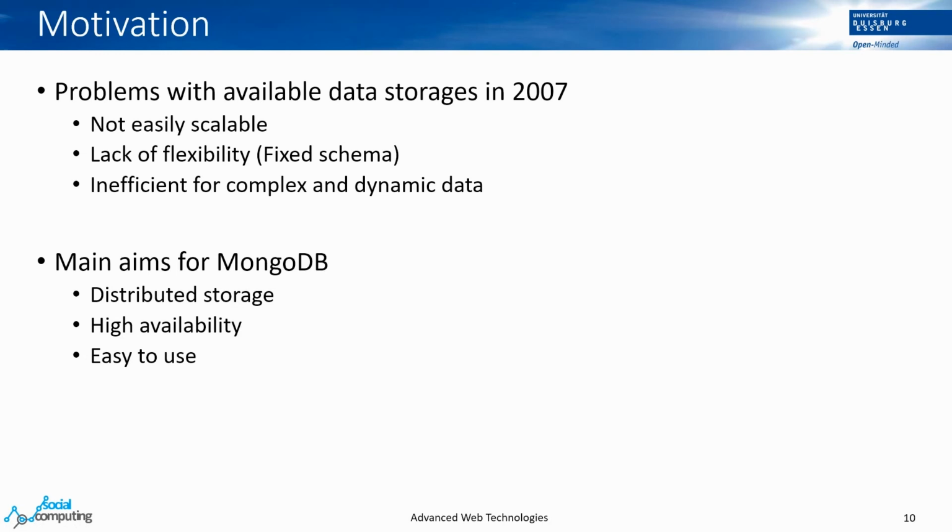So based on these requirements and aims, the company started MongoDB as their proprietary solution for storing data, and then later on in 2009 they went open source, and now it is one of the most frequently used NoSQL database solutions.